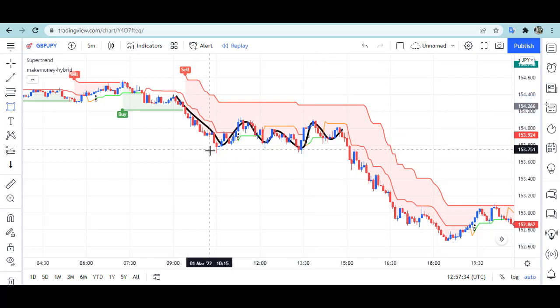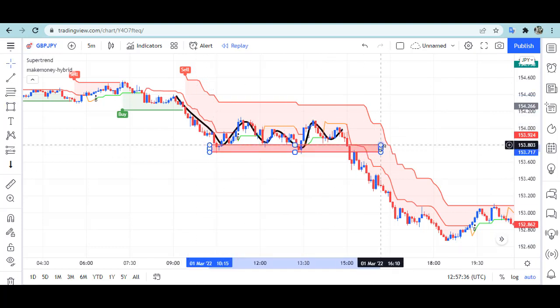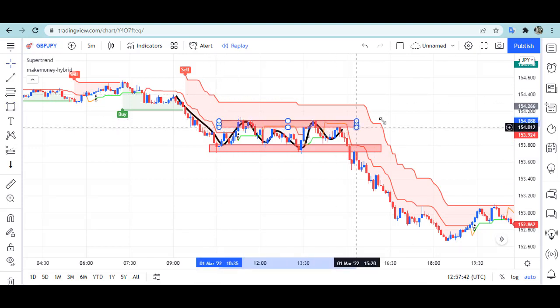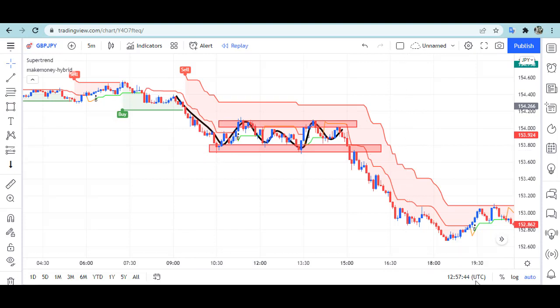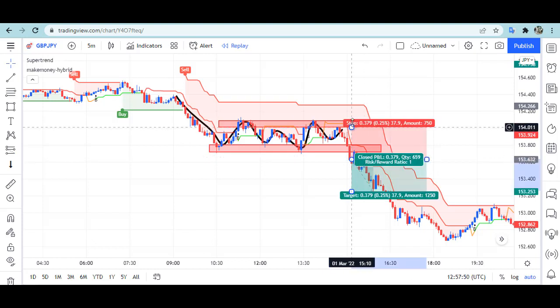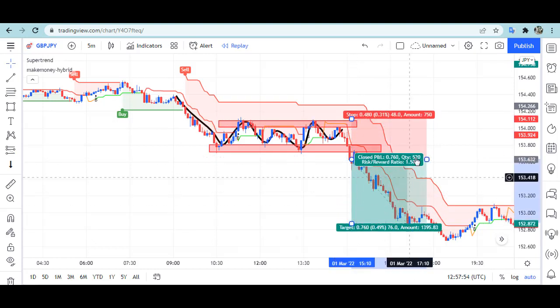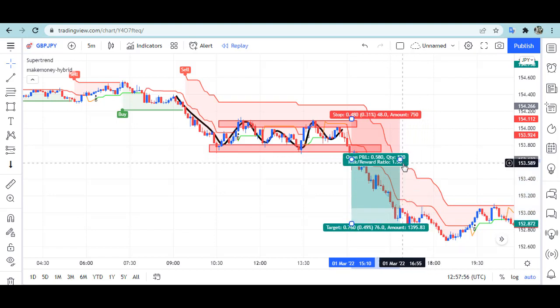Define a trading range high and trading range low. Wait for the market to break out of the trading range and enter when the price breaks out of the trading range. Stop loss above the trading range high and risk and reward at least 1-to-1.